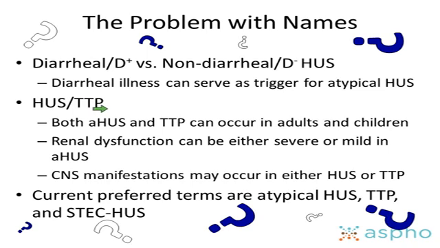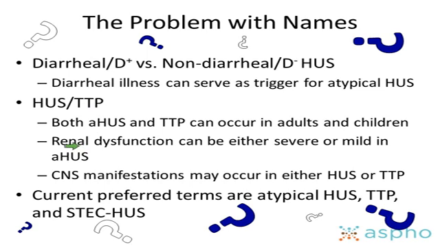That largely led to a categorization that HUS was a disease of childhood and TTP was a disease of adulthood, but we now know that atypical HUS can occur in both adulthood and childhood, as well as TTP can occur in both adults and children. So the notion of a spectrum of disease has largely fallen out of favor.